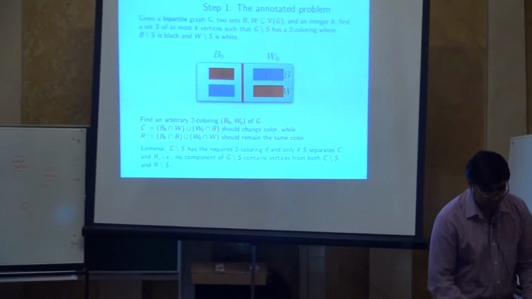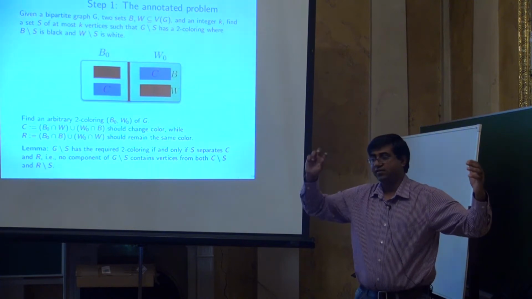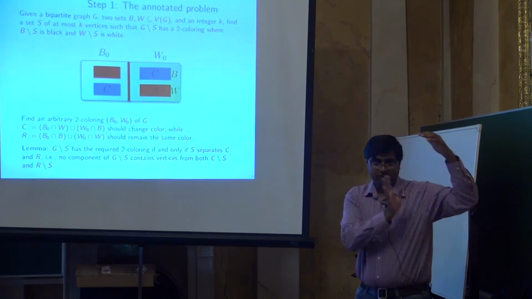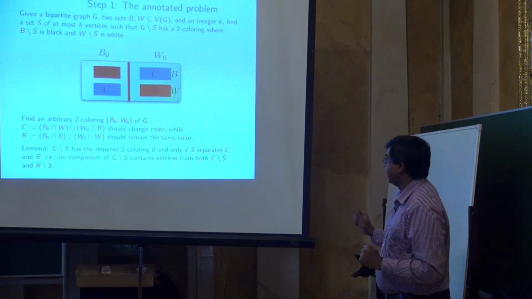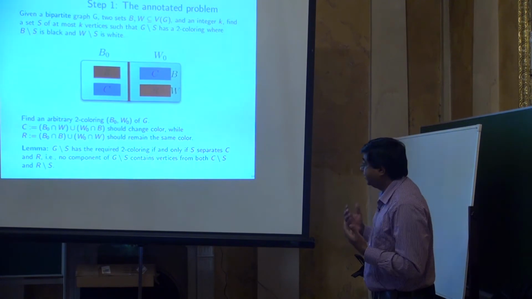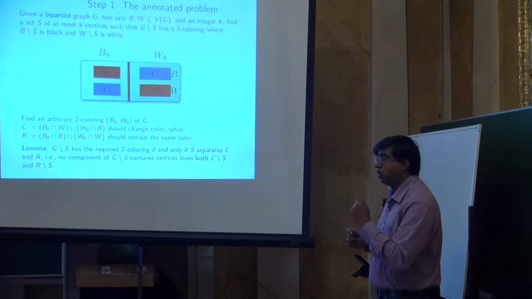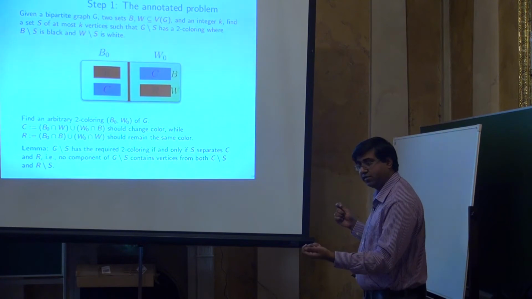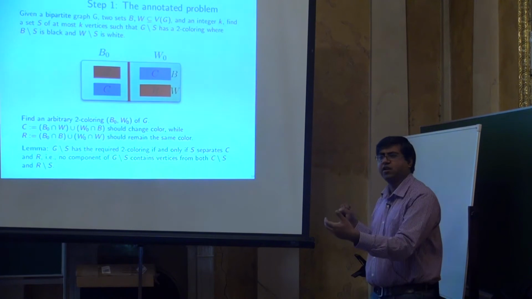So the problem is that you are given a bipartition, some black set and some white set. I want to delete some vertices and come to another bipartition such that the remaining black vertices are on one side and the remaining white vertices are on the other side. That's the goal. And what I'm saying is that G minus S, that set S, has the required two coloring if and only if S separates C and R. That is, no component of G minus S contains vertices from both C minus S and R minus S. So after I delete this S, look at any connected component.